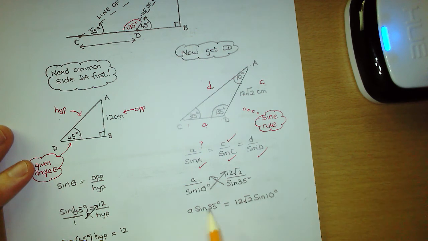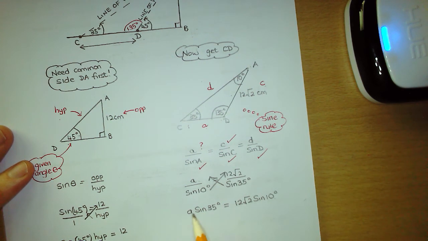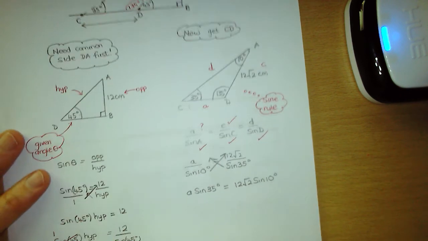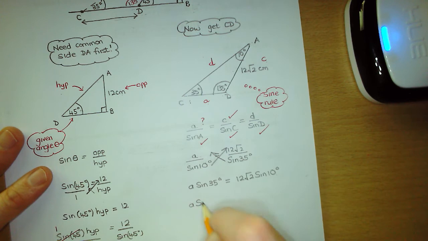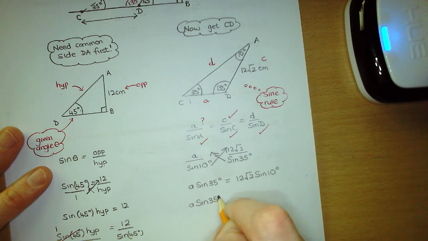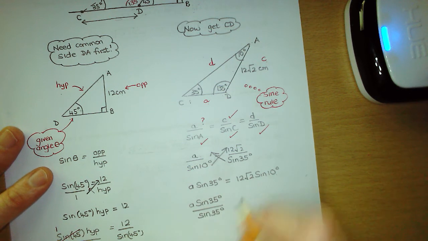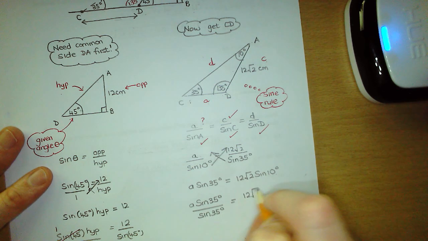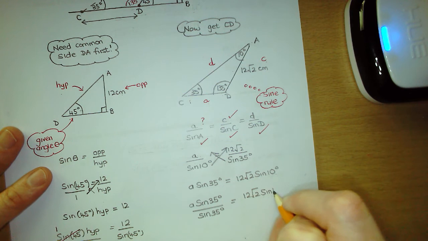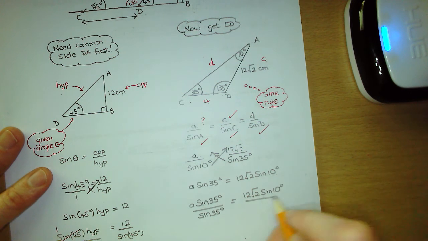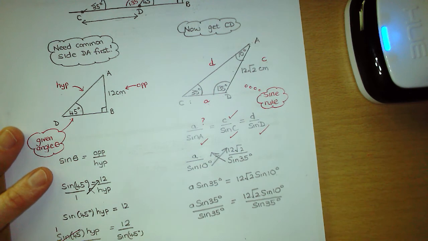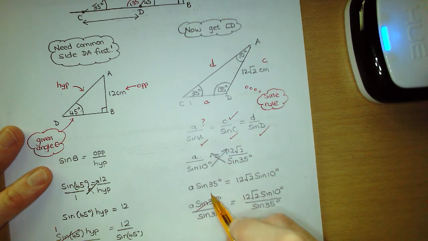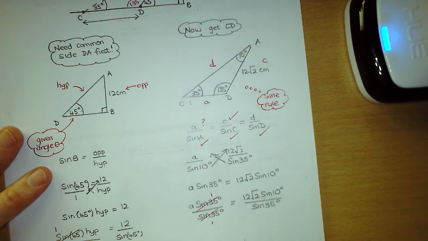Now a sine 35 is the same as sine of 35 multiplied by a, so the coefficient of a is sine 35, so we're going to divide both sides by sine 35. So we're going to cancel the sine 35s, one on the top, one on the bottom, so we're just going to be left with a.